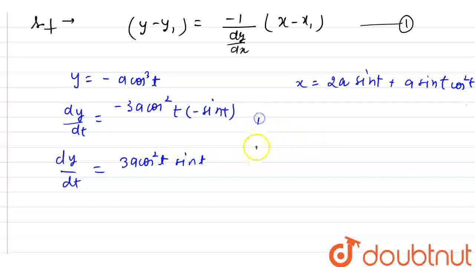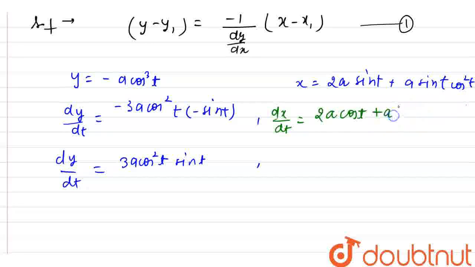Now I'm going to differentiate x with respect to t. dx/dt equals the differentiation of sin t, which is cos t, so it will be cos t plus, here we have to apply the product rule.